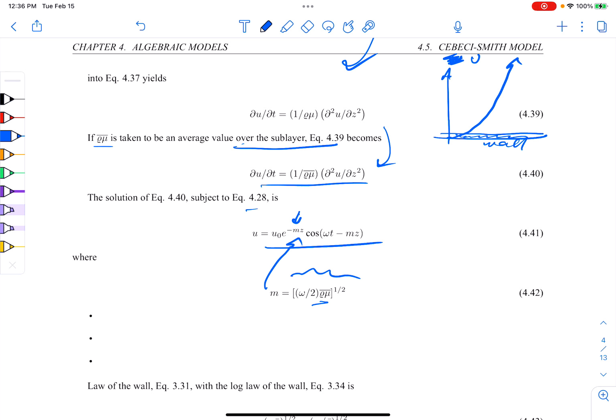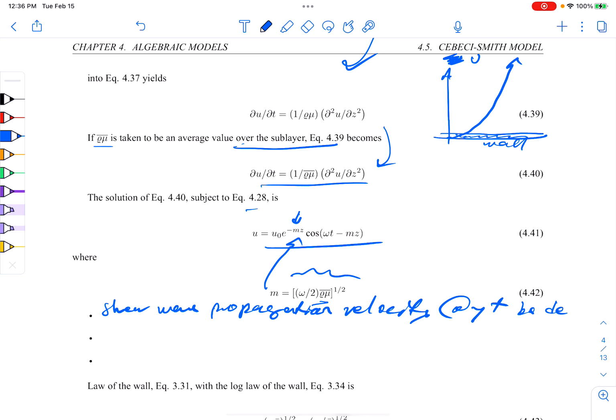So some notes about this. Now we have shear wave propagation velocity at y plus, which will be determined by an intersection of equations.